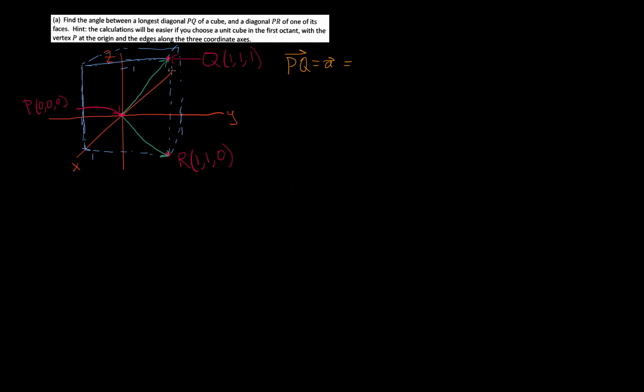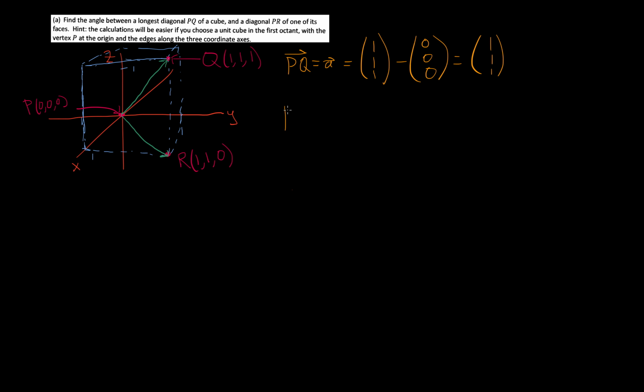And in order to get these vectors in terms of the 3 coordinates that they have, we have to take the final point, or the point the vector is pointing to, and then subtract from it the point where the vector is coming from. So we can do that pretty easily. It's pointing to point Q, which is 1, 1, 1, and we subtract point P, which is just 0, 0, 0. This gives us that our vector PQ, or rather A, is just 1, 1, 1.